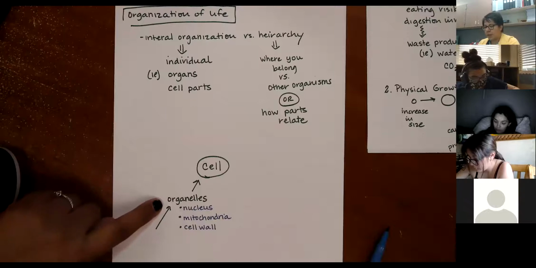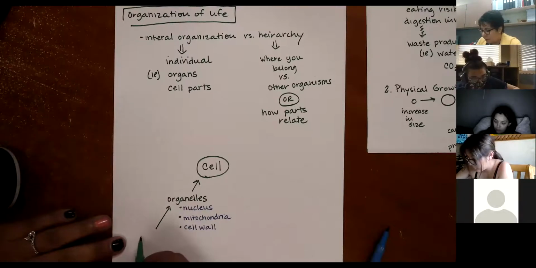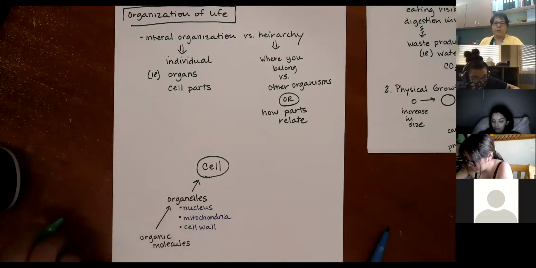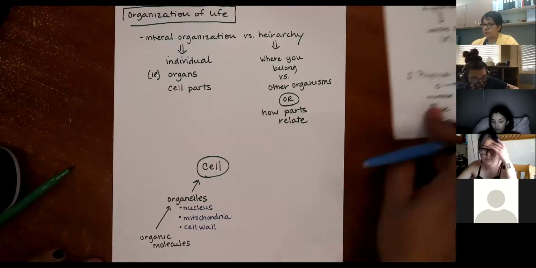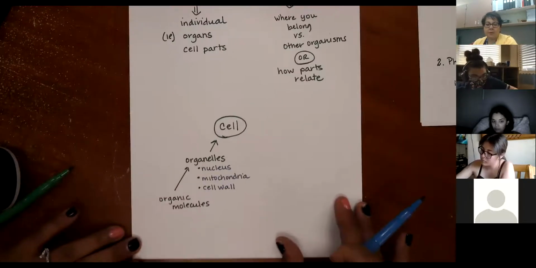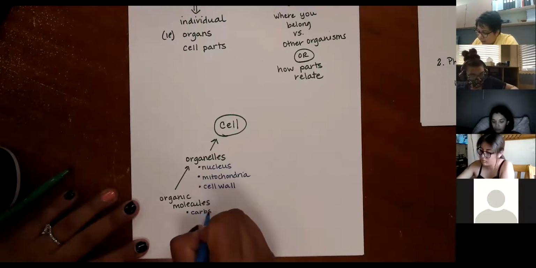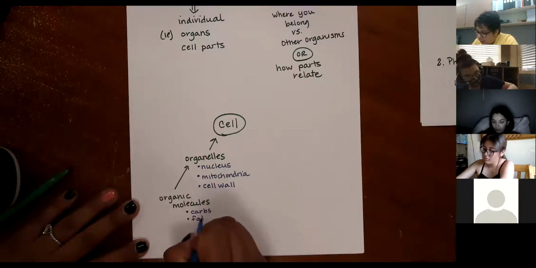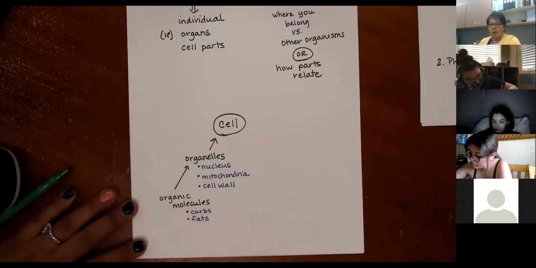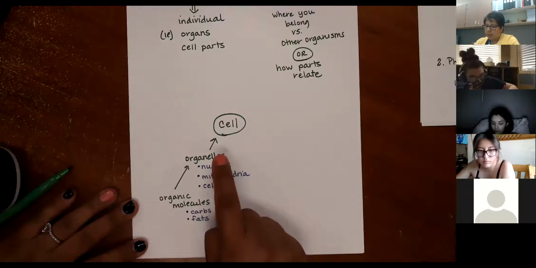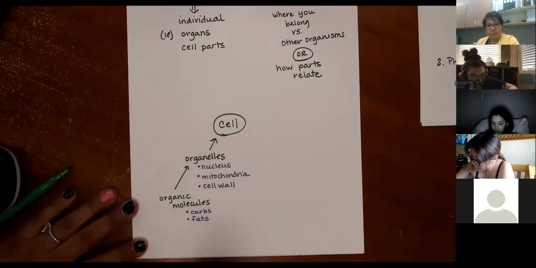Organelles themselves are made up of smaller parts. They're made up of things called organic molecules. I know you've heard of some of these organic molecules, like carbohydrates, or maybe fats. Carbs and fats are not alive, but they constitute cell parts, and cell parts make up cells.